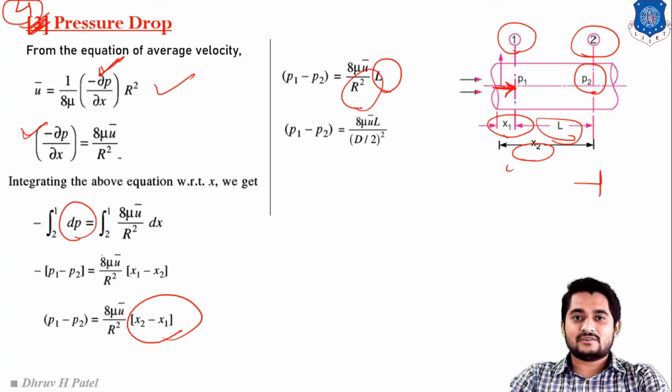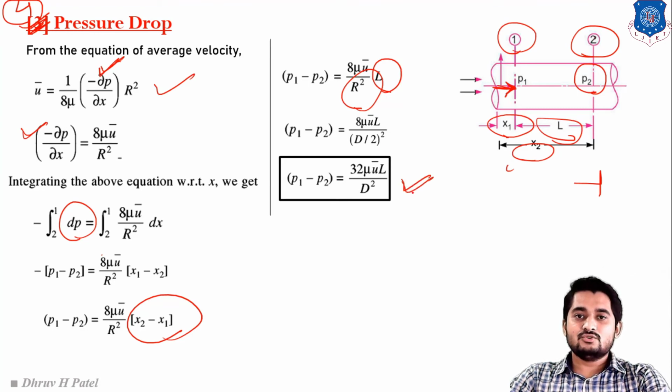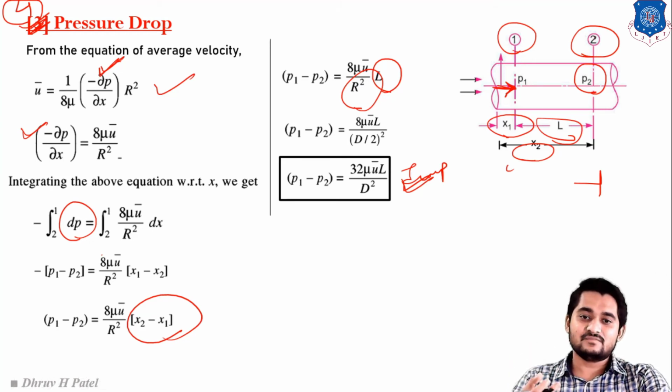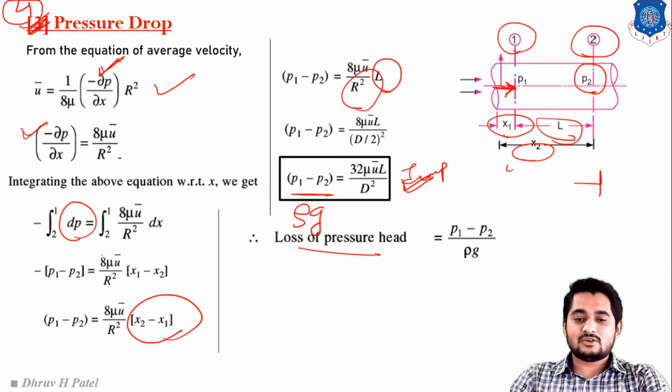Then instead of R we can write diameter divided by 2. So in the denominator we have to write d by 2. So our final equation will be P1 minus P2 is equal to 32 mu u L divided by d square. This is known as pressure drop in pipe due to viscous flow. If we want to find pressure head, then we have to divide P1 minus P2 by rho into g. So the loss of pressure head is called P1 minus P2 by rho g.